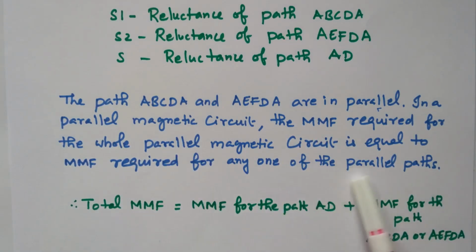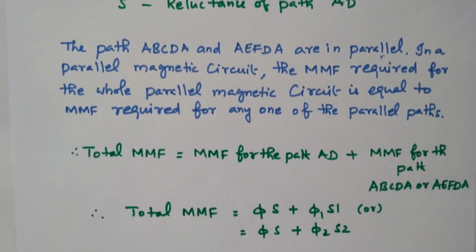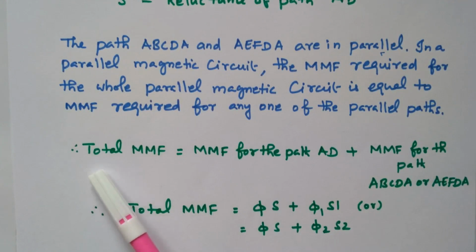The total MMF is nothing but the MMF required for any one of the parallel paths. That is, total MMF equals the MMF for the path AD, the common part, plus either ABCDA or AFEDA.